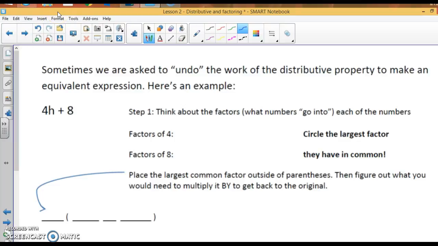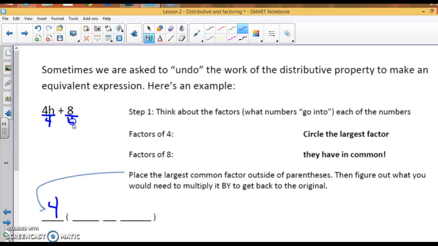Now, factoring is using the distributive property backwards. So, if I look at 4h plus 8, what is the greatest common factor of 4 and 8? It would be 2. No, I'm sorry. It would be 4. Can I divide these both by 4? That's the greatest common factor. That comes out front.